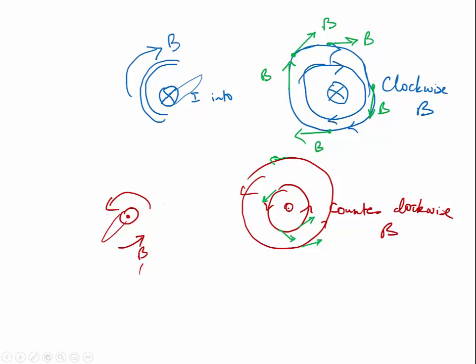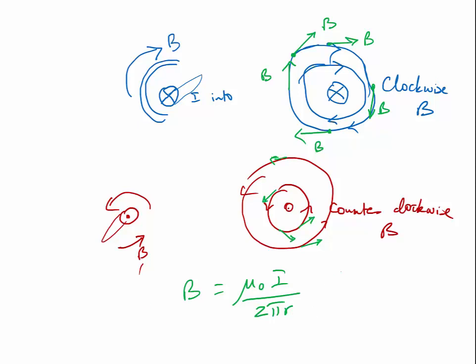All right, the last part is figuring out the magnitude. So the magnitude is simply given by an equation where B equals mu naught I over 2 pi r. And the important thing is to understand the context of these equations. So let me give you that.